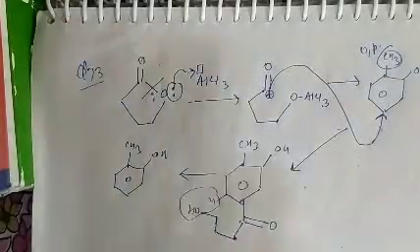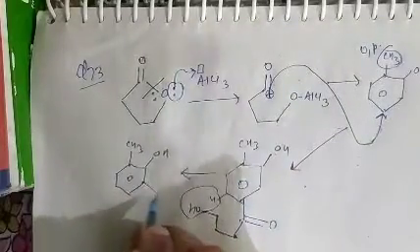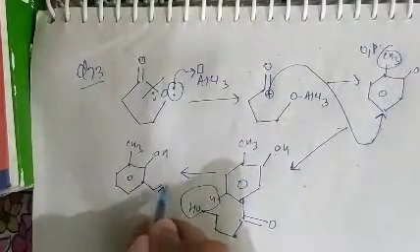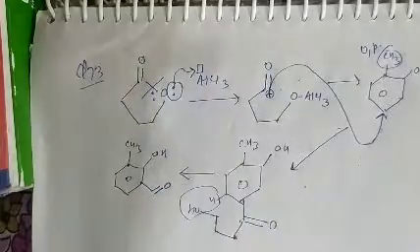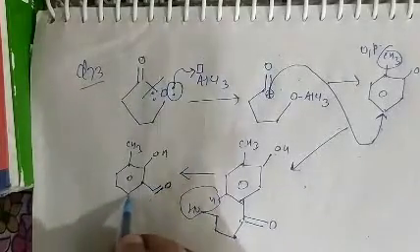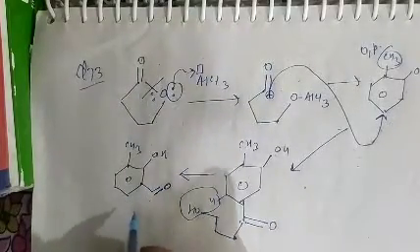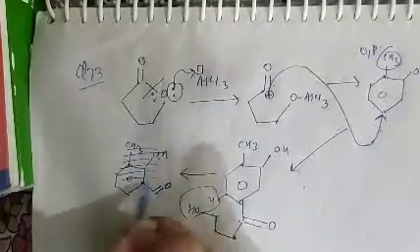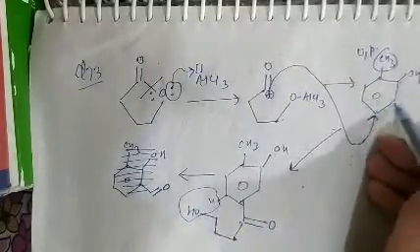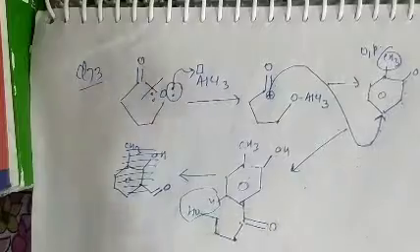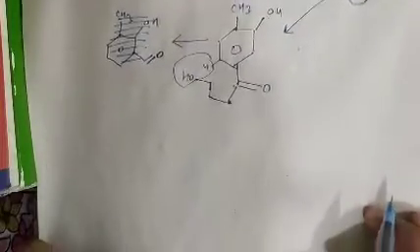It will form a ring, a 6-member ring with a ketonic group, on the third position with respect to OH.